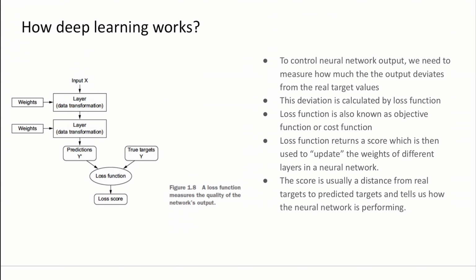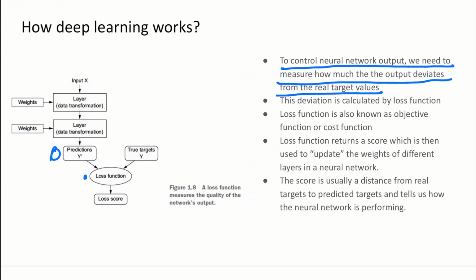Now, how do we update these weights? To update the weights, we need a few more components in the neural network. The first one is the loss function, and what the loss function does is calculate the deviation. If you want to control the output of a neural network, you need to measure how much the output deviates from the real target values. That's very important because if you're making random predictions, then your neural network is not good, right?